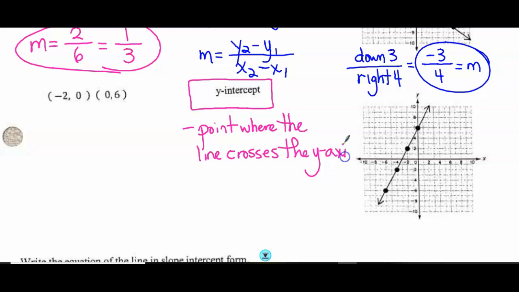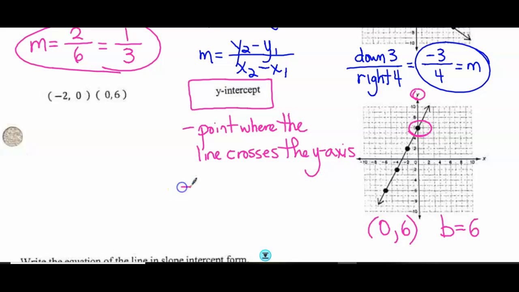So we're going to look at the one on the right. If you look at your line, you look at the y-axis. Right here is the point where the line crosses the y-axis, and that is the ordered pair 0, 6. That means b equals 6.